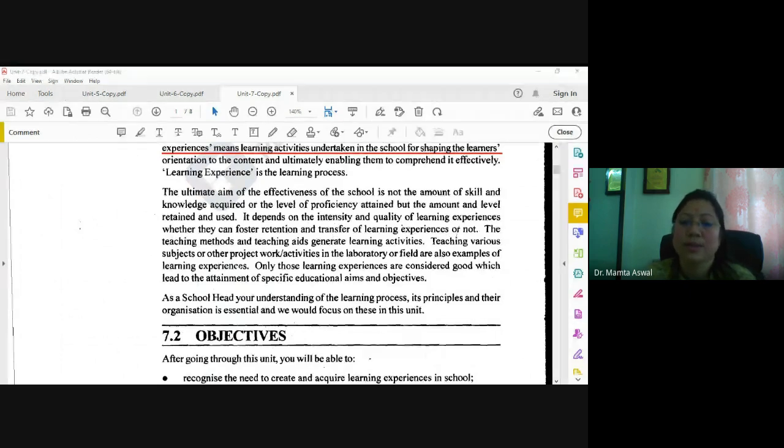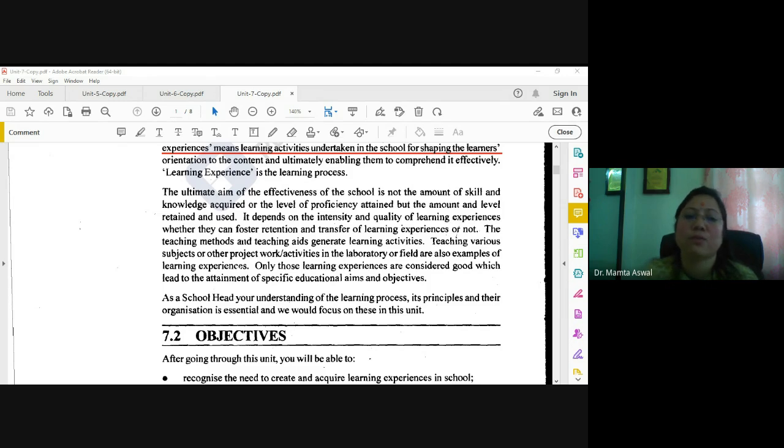For example, the children are playing some game, maybe cricket, football or volleyball, in a playground. What happens there when the group plays? There are two teams playing together, so they develop certain feelings together, a 'we' feeling: this is our team, we are team A, we are team B, we have to win.